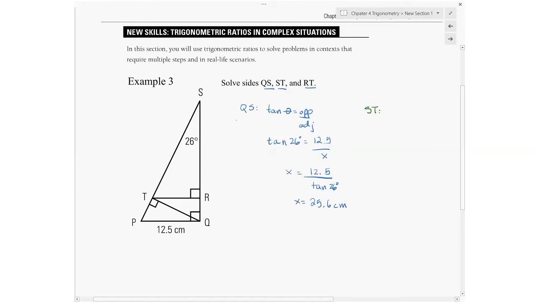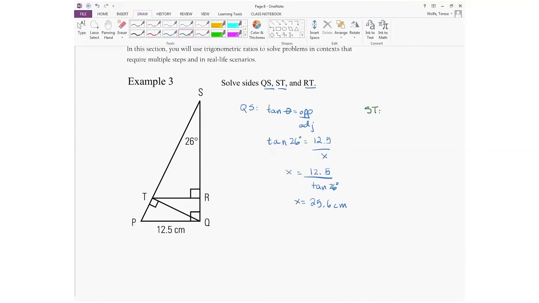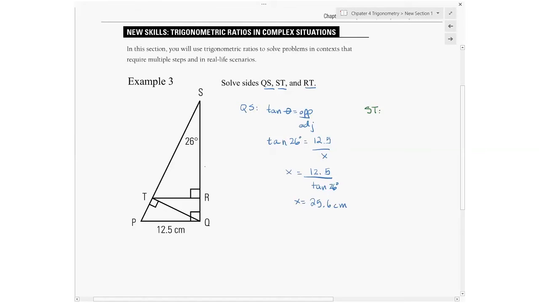But I do know now that this side is 25.6 centimeters. So now I want ST. Well, ST is from here to here. And again, I need a right triangle. So I look and I just found that 25.6, so I probably need to use that.